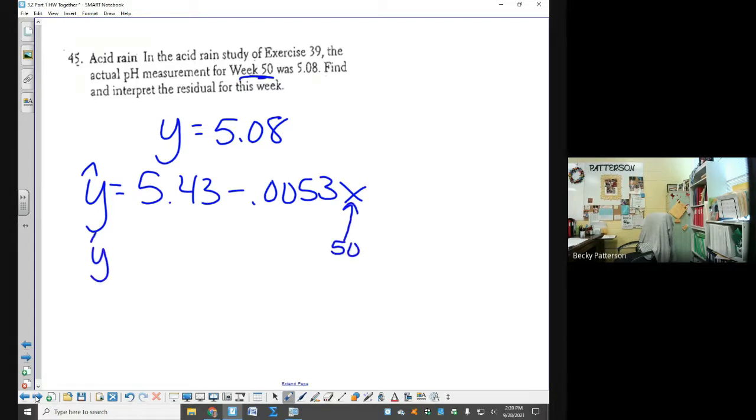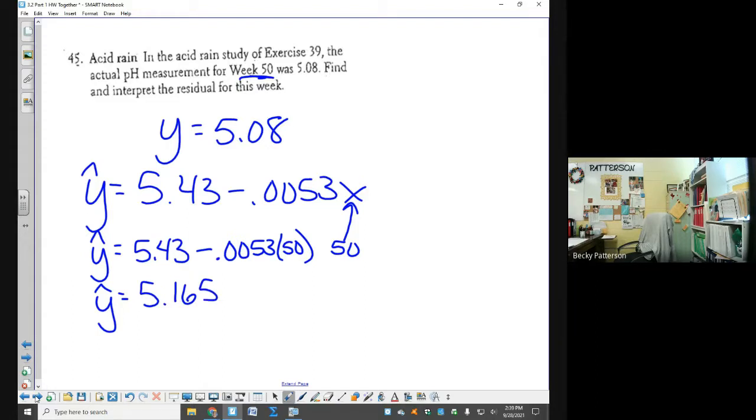So I'm going to write Y hat equals 5.43 minus 0.0053 times 50. I'm going to grab my calculator and type that in. Sweet.